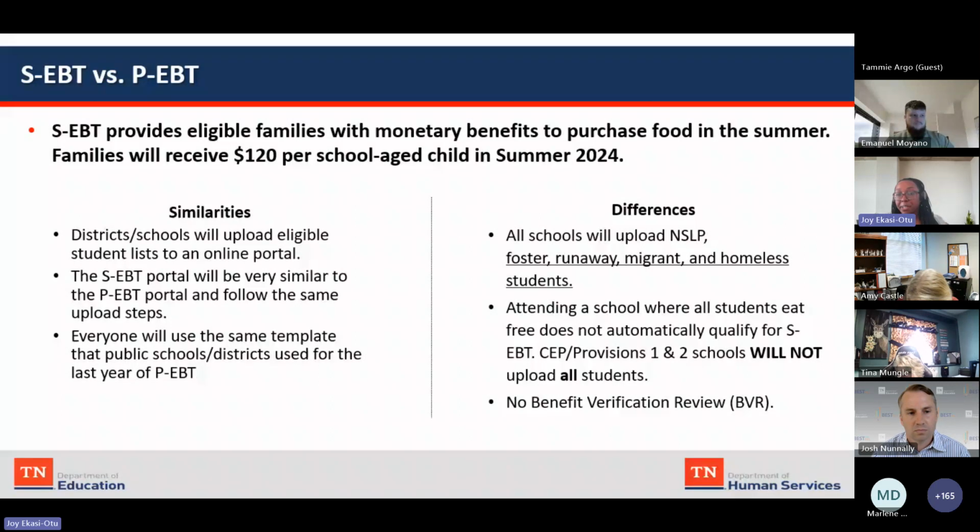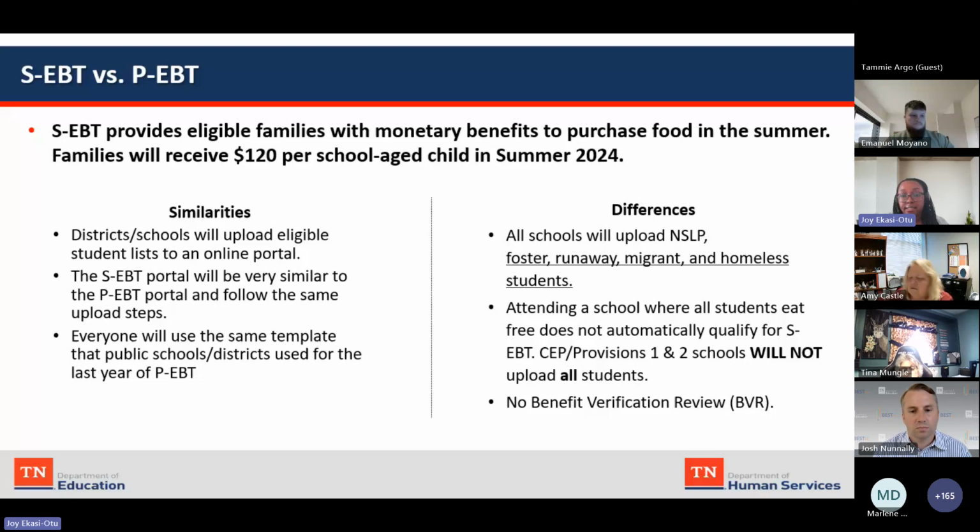And so another big difference is last year for PEBT, if a school was CEP or provision 1 or 2, the district would just upload their entire enrollment file, because for PBT, if you attended one of those schools, you were automatically eligible for benefits. This will not be the way it goes for this year.